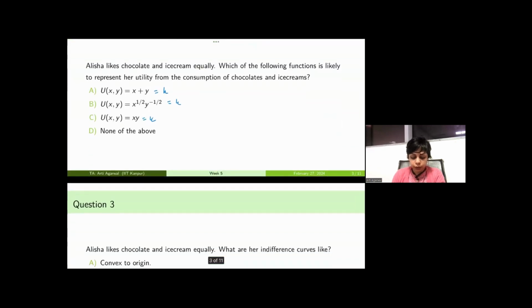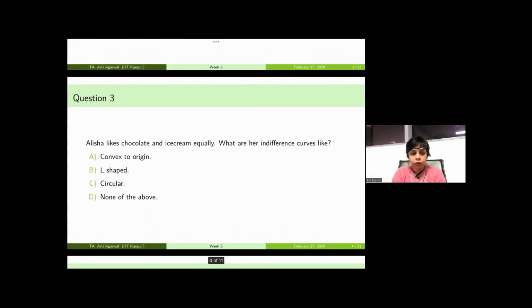Okay, let's move to the third question. It's a similar question, which hopefully you can answer. Which is the correct answer in this question 3? What are her indifference curves like? Okay, one person has answered.